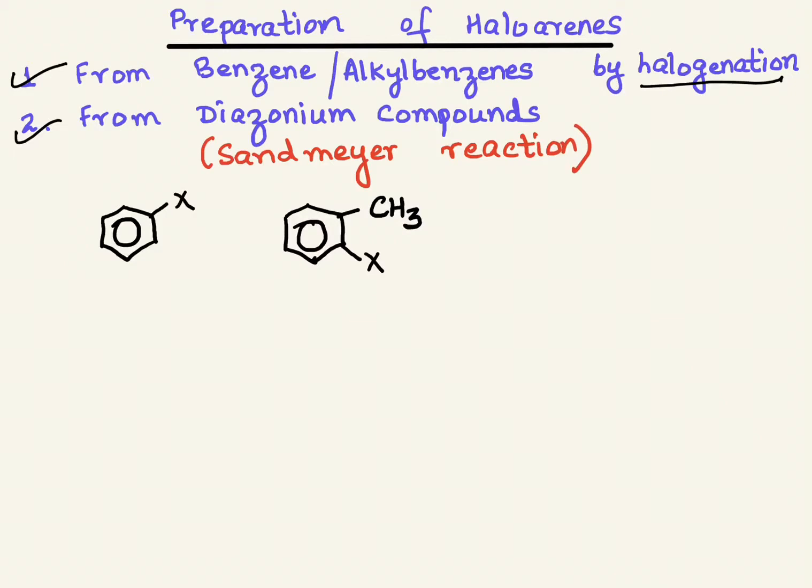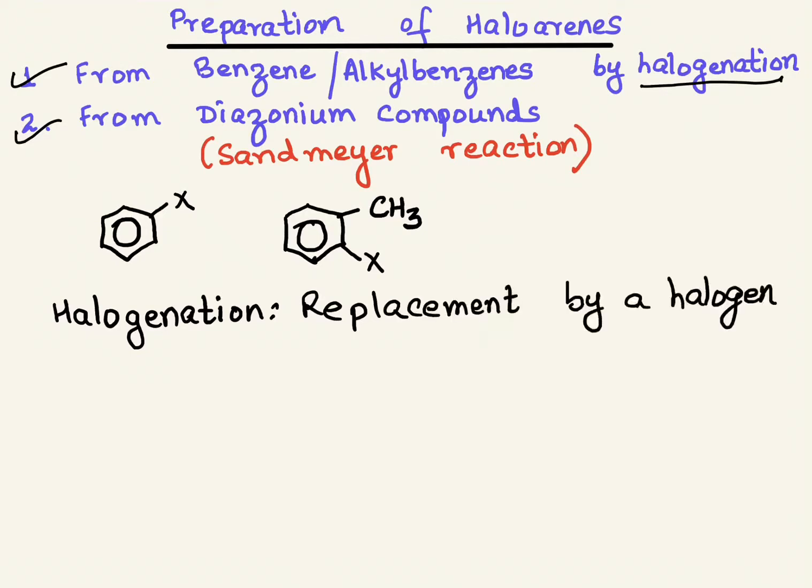When we say halogenation, halogenation means replacement by a halogen, right? We have spoken about this earlier under hydrocarbons, right? So let's write it down first. And what are halogens? Fluorine, chlorine, bromine and iodine, right?